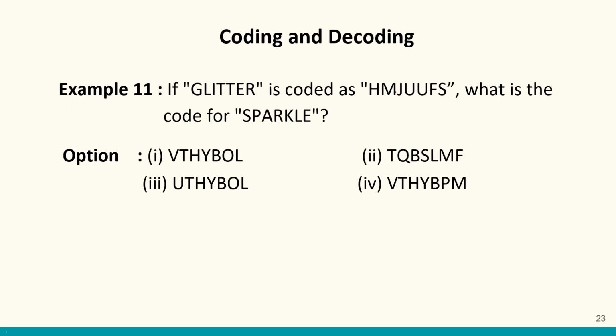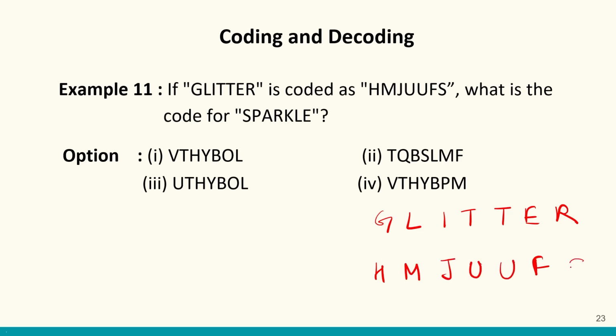Then glitter is coded as this, and we have to find the code of sparkle. So again, let us write down. Glitter is coded as HMJUUFS. So G is coded as 7, L is coded as 12, I is coded as 9, 20, 25, and R is coded as 18.